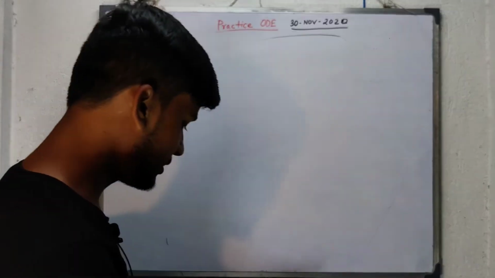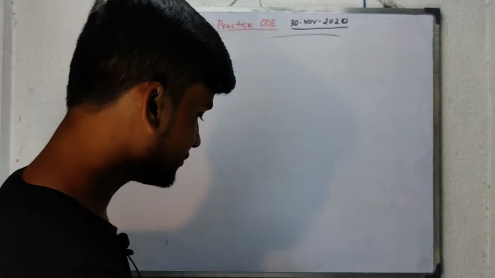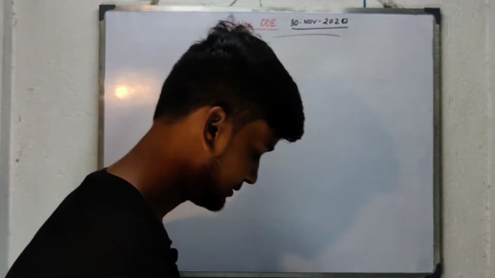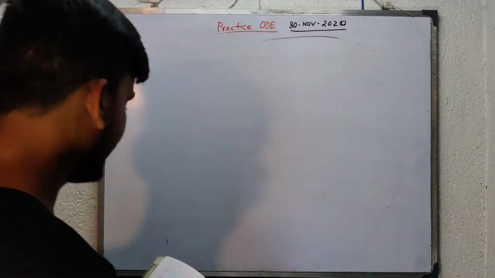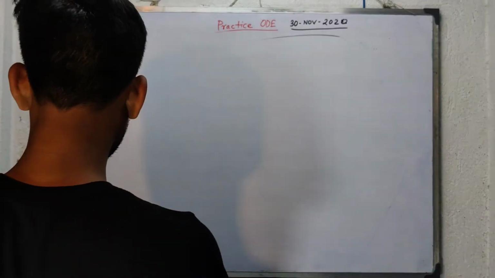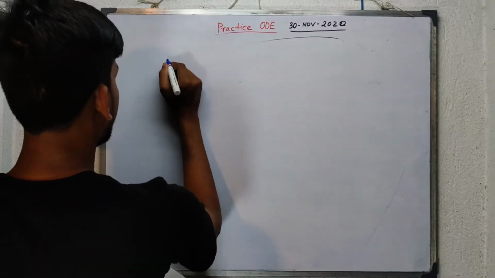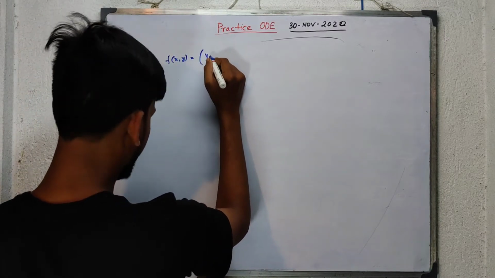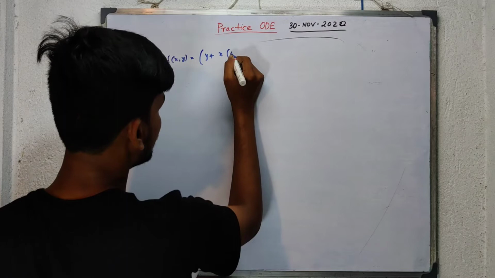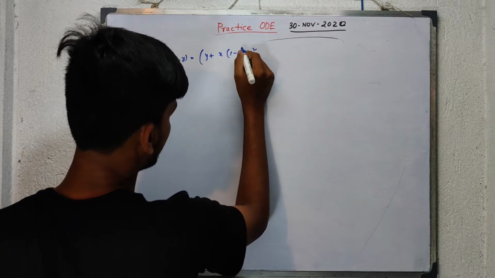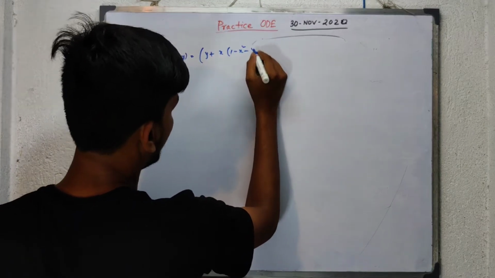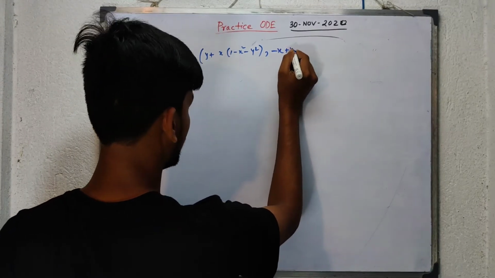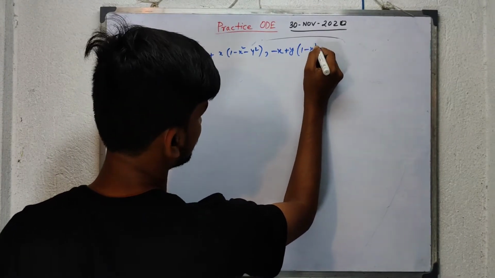The next question says: let f(x,y) equal to (y plus x(1 minus x square minus y square), minus x plus y(1 minus x square minus y square)).